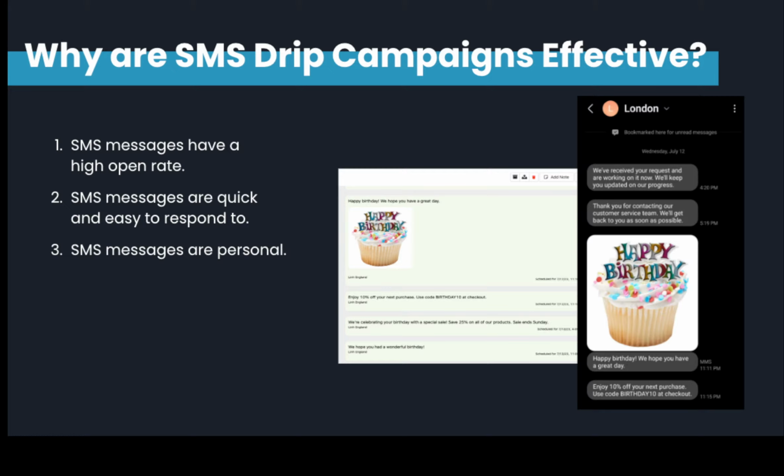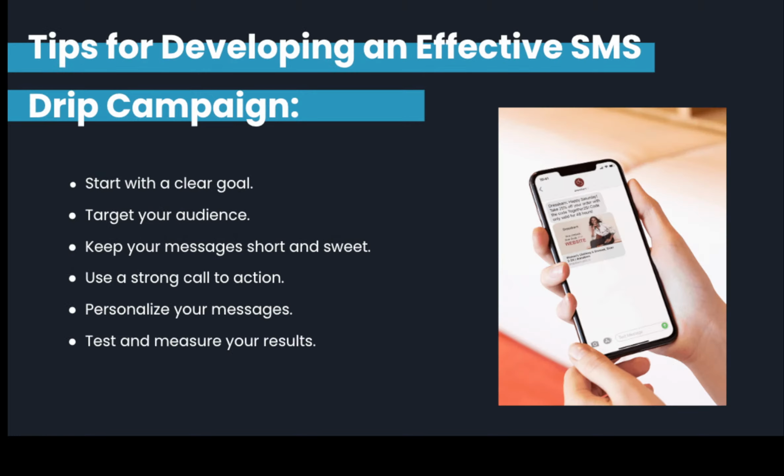When running a campaign, these are some of the tips that you'll want to keep in mind. You'll want to start with a clear goal in mind for your business. What is it that you're trying to achieve by creating this type of campaign? Is it to increase brand awareness? Is it to drive sales or generate leads?